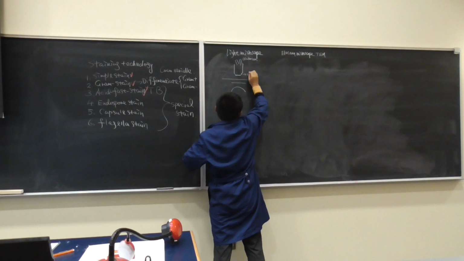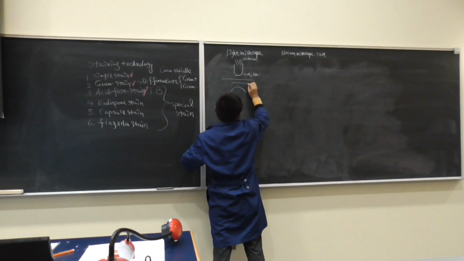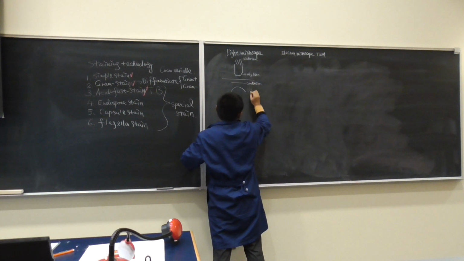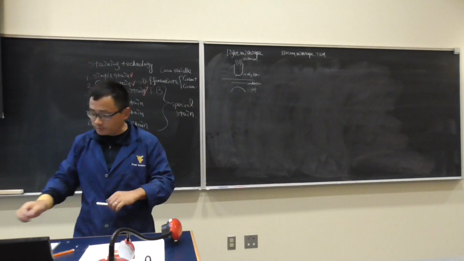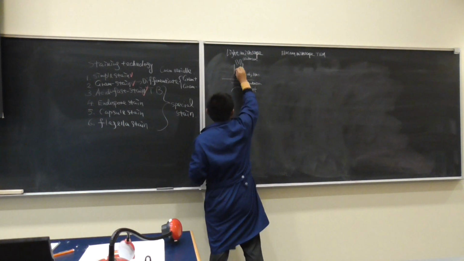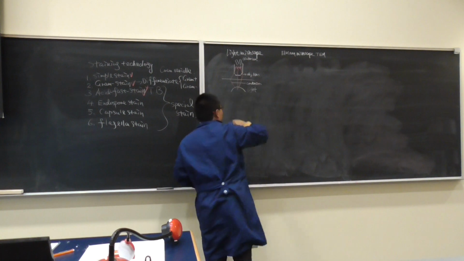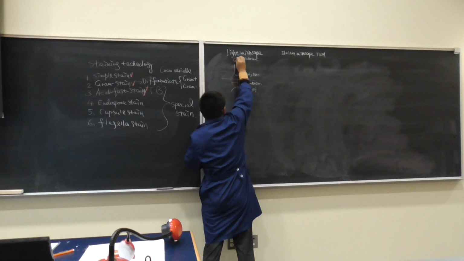This is the objective lens. And this is a condenser. And this is a light. And where does the light come from? The light ray comes like this. Some refracted, some directly going through. And your eye is right here, okay, to see it.